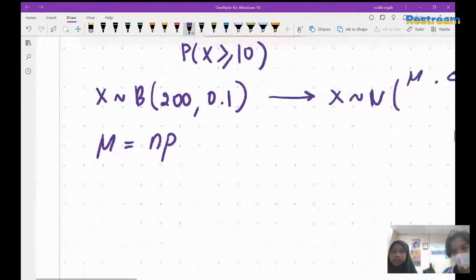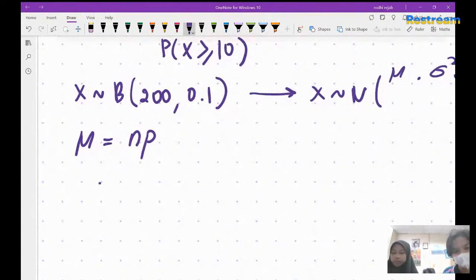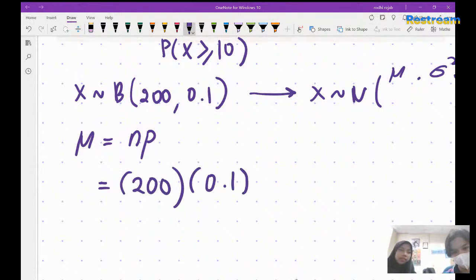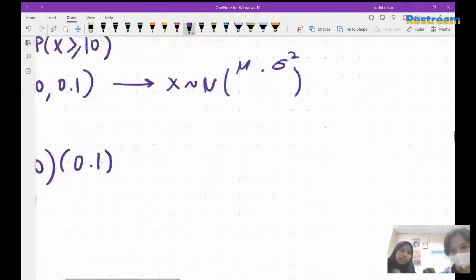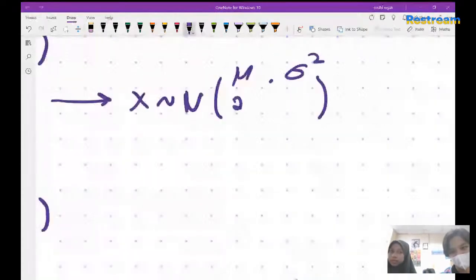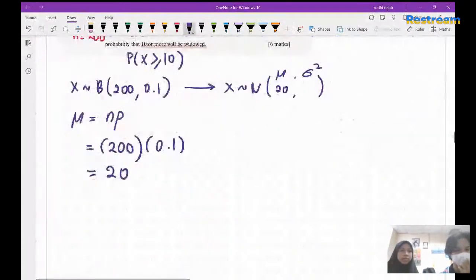So to get the value, just use the 200 from binomial and 0.1 from binomial. So the mean we get is 20. Put 20 here.